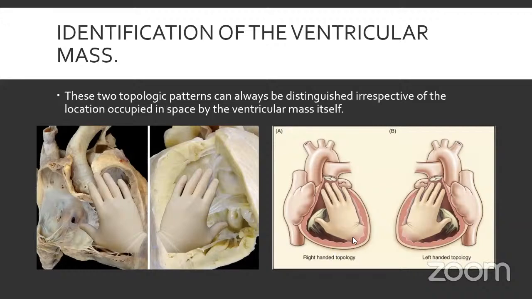Because what we're using to define the topology is the morphological right ventricle. Just wanted you to know that because sometimes you can infer the topology using the left ventricle instead of the right ventricle. For example, if you can fit your left hand inside the morphological left ventricle, basically this gives you a right-handed topology. I hope this is clear.